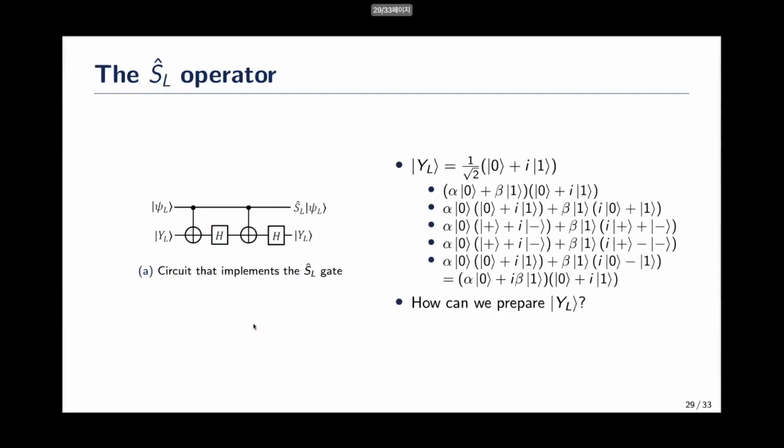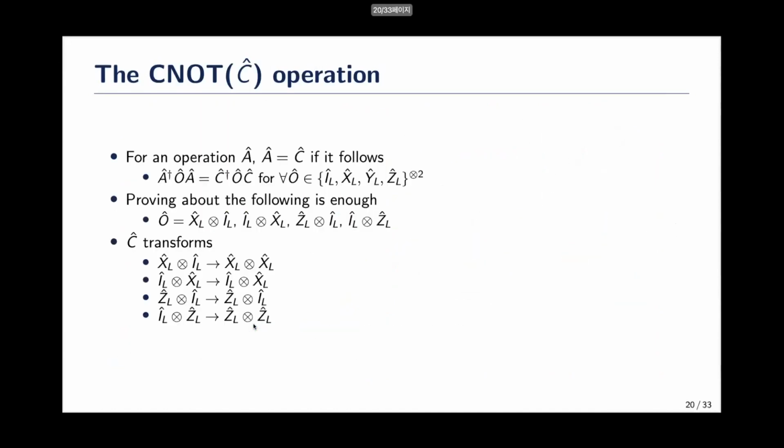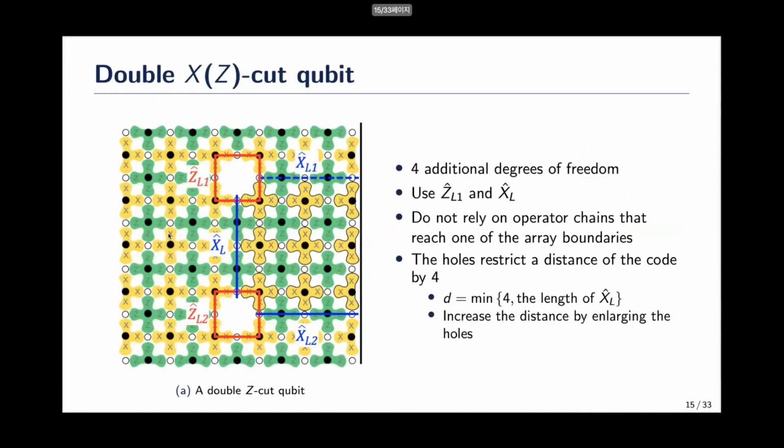Because in this pattern Z and X stabilizers always commute, because they share two data qubits. They commute, so they can be stabilized by both stabilizers.